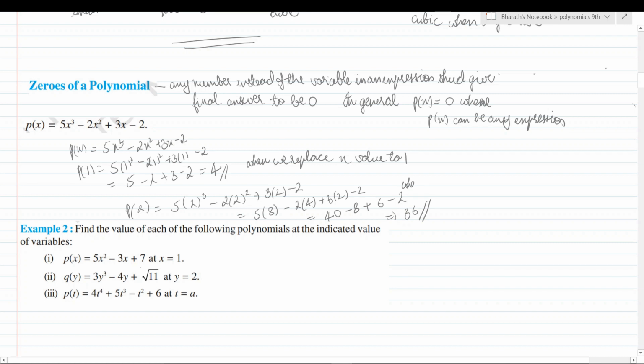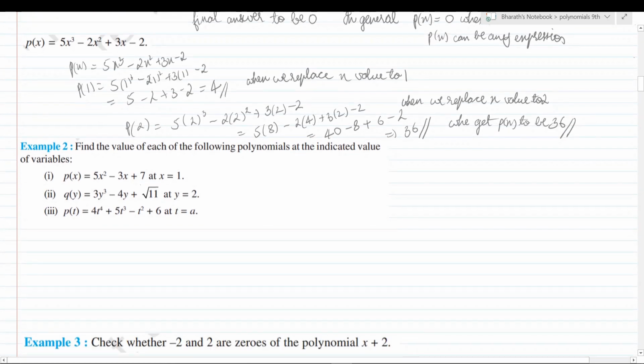So when we replace x value to 2, we get p of x to be 36.